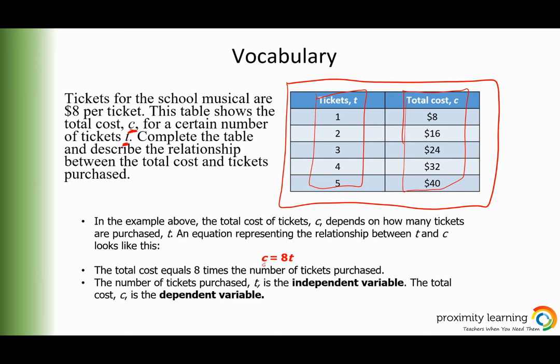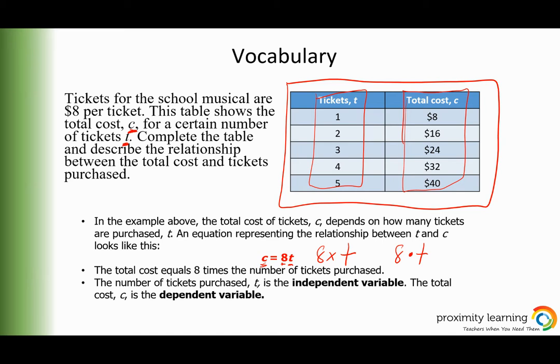So total cost equals 8 times T. Remember, in algebra, the basic default operation is going to be multiplication. So anytime you see a number next to a variable, it can also be looked at this way. I'll even write it a second way. So C equals 8T, or C equals 8 times T.